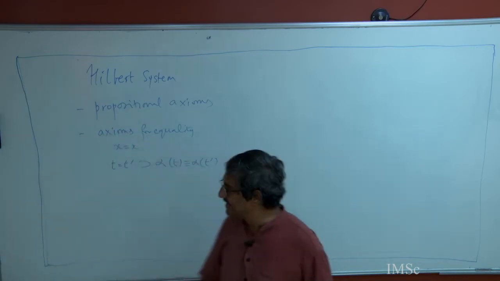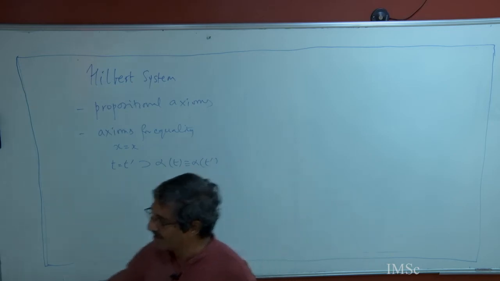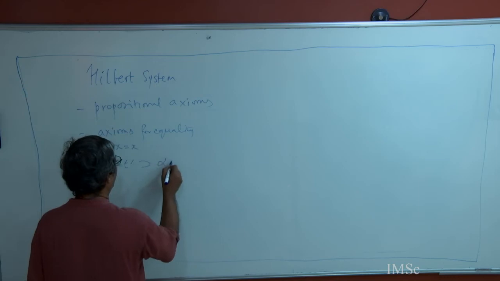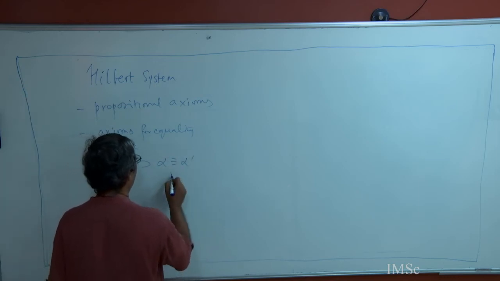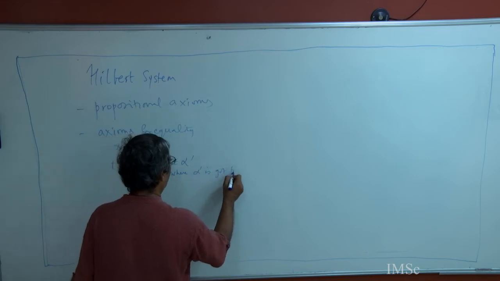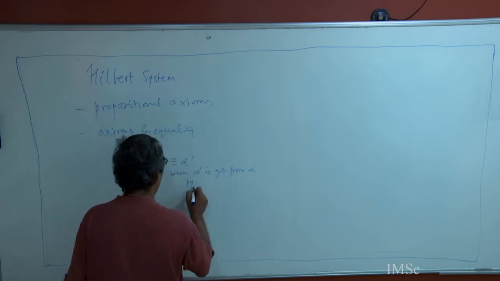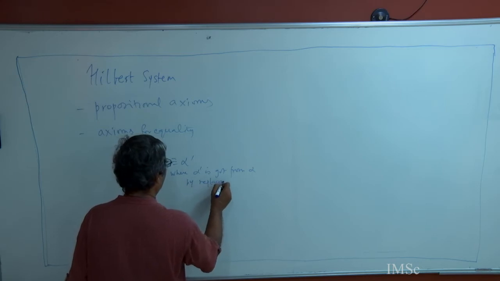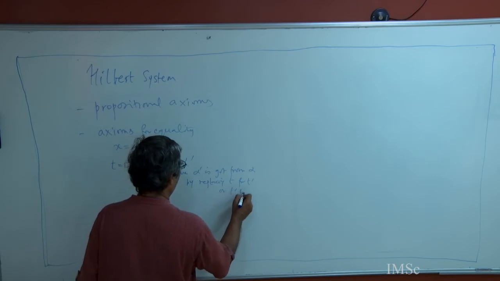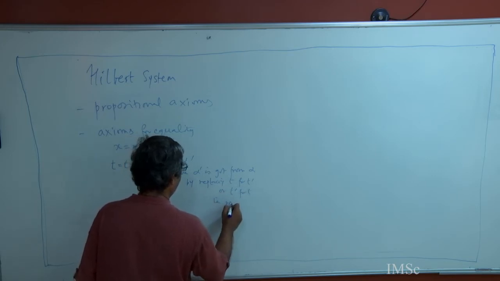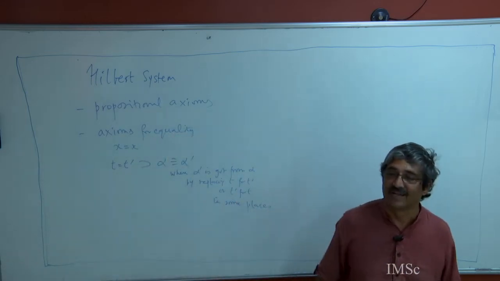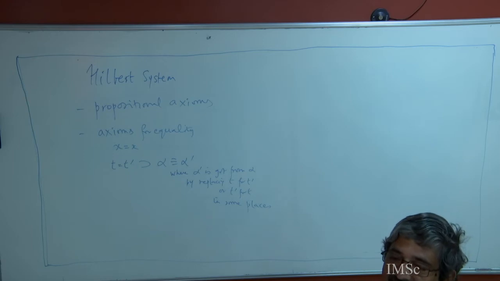This is the notation, but actually what we have in mind, and that's how I prefer it, is alpha equivalent to alpha prime, where alpha prime is got from alpha by substituting t prime for t in some places. And this is important because you don't have to uniformly replace, right?